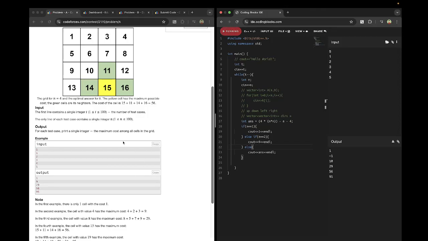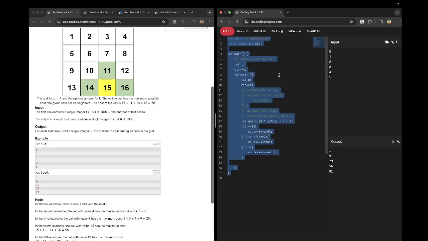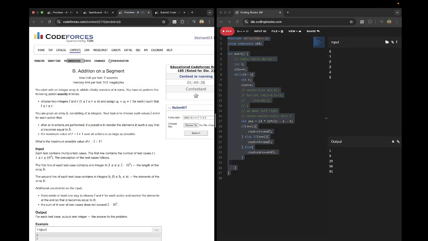Any other case where this won't be possible, like picking this one? Like if we take a 3 cross 3, 1, 2, 3, 4, 5, 6, 7, 8, 9, we can always pick this one, right? So that we have the optimal amount of things. I believe this is right now, and I'm going to submit it.